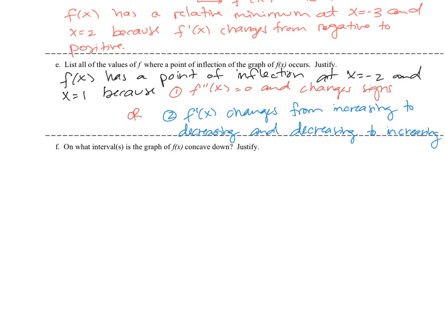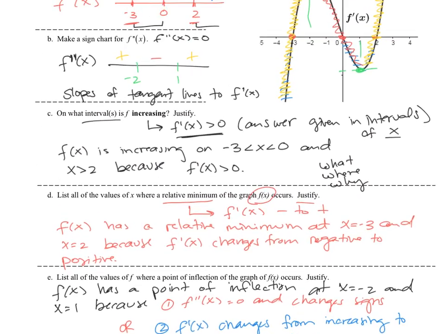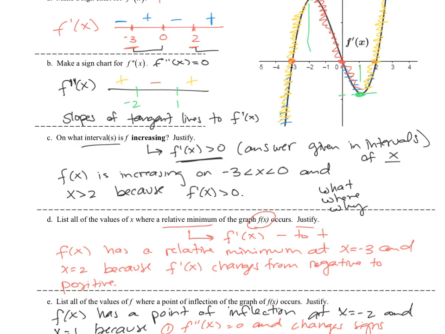All right, it says, on what intervals is the graph of f of x concave down? Okay, well, for f of x to be concave down, we're looking for when our second derivative of f is negative. This is going to require me to take a look at the sign chart for f double prime. It looks to me like f double prime of x is negative on the x values from -2 to 1.